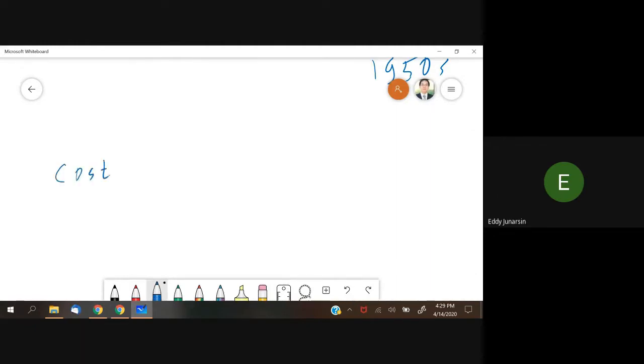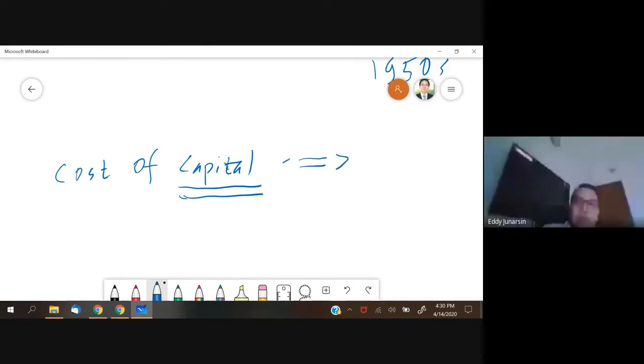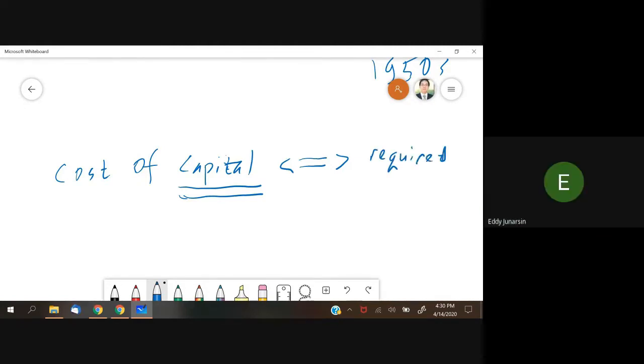So if I try to make a little conclusion here, cost of capital, right? You have a cost of capital because the capital that we receive and employ is not free, right? So in the same analogy, the cost of capital is the required return by who?